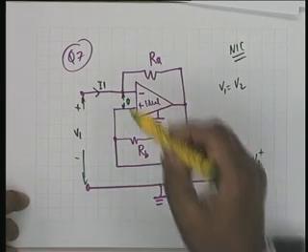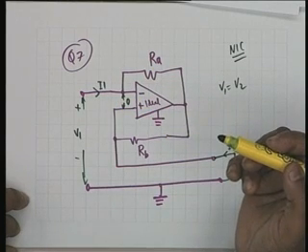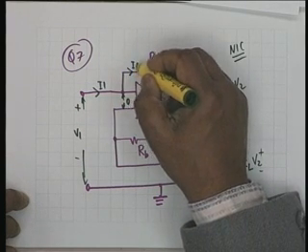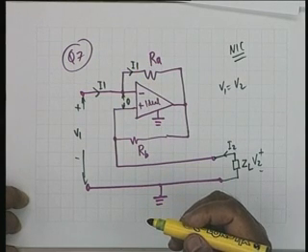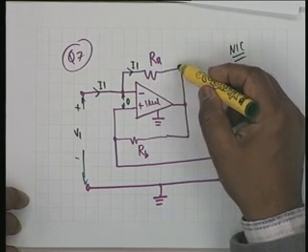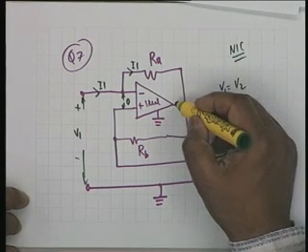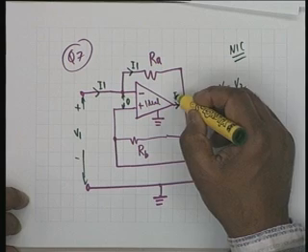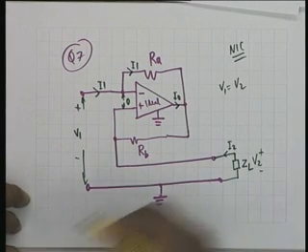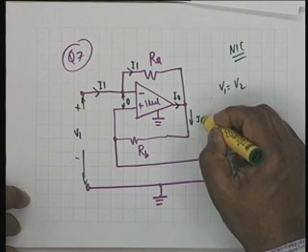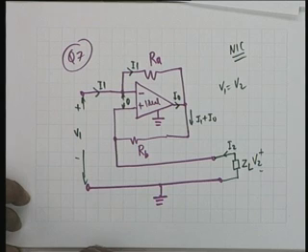Once again, the ideal op-amp cannot take a current and therefore the current I1 must flow here. Agree? The current I1 must flow here. When it comes here, the op-amp gives out some current, let us say I0, and therefore this current would be I1 plus I0.